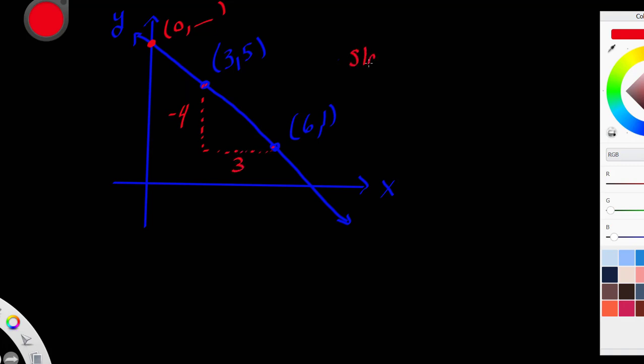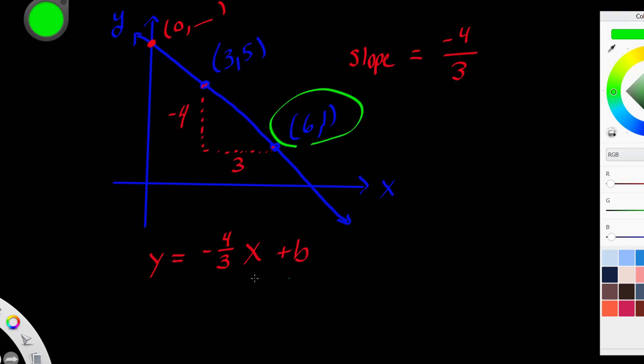So slope in this case would be rise, which is how far I have to go up or down, which would be -4, over run, which is how far over I go, which would be 3. Now I know what the slope is. Let's see if I can figure out what the y-intercept is. So far I know that y equals negative 4/3 times x plus b. Here's the neat thing: this equation will work with any y or x that I plug in that's on this line. So let's pick this point to plug in for my x and my y.